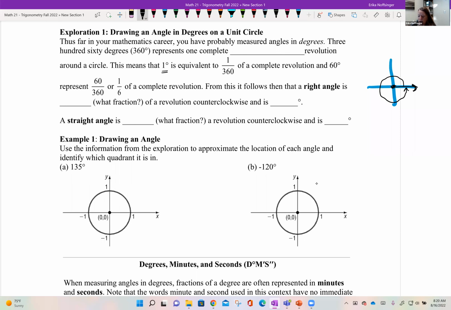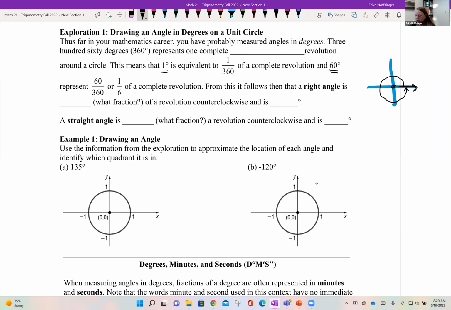So that's equivalent to 1 over 360th of a complete revolution. If we're looking at 60 degrees, that would be 60 over 360, or 1/6 of a complete revolution. So if we go 60 degrees, another 60 degrees, another 60 degrees, there's 60 degrees within that 360.